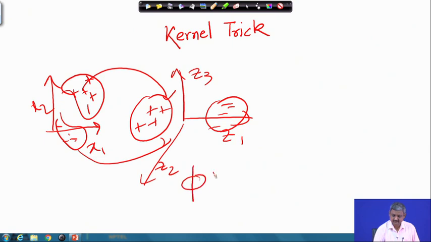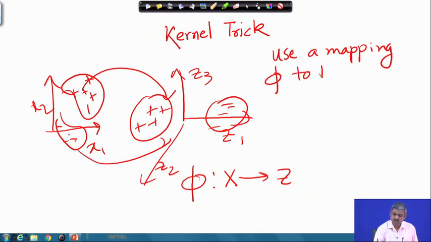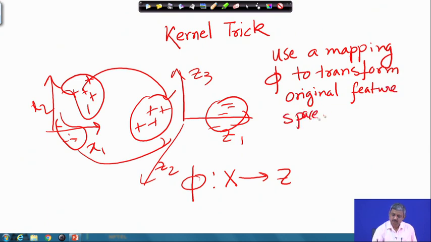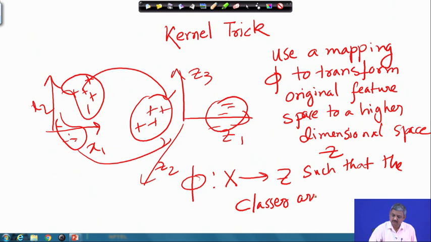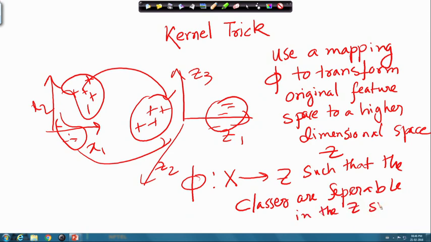So, phi transform to Z such that the classes are separable in the Z space.